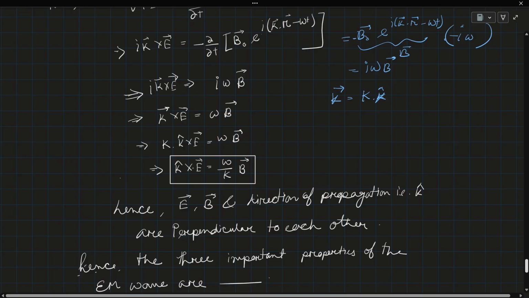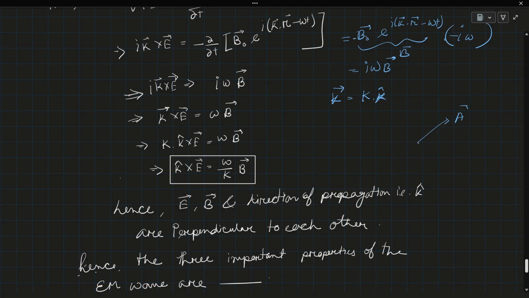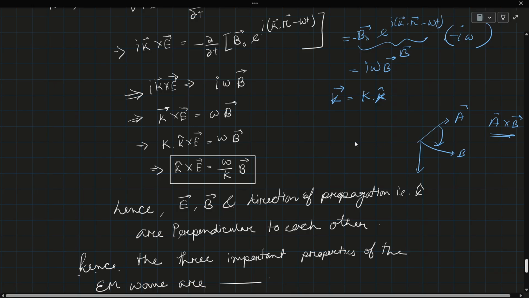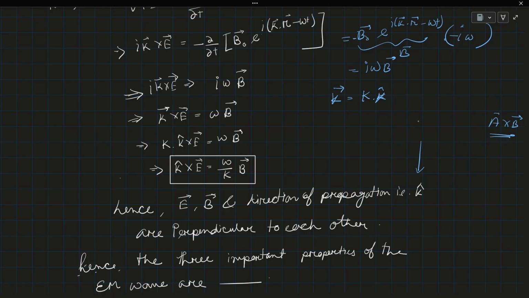We all know that if there are two vectors, let's say this is vector a and this is vector b, and we take the cross product a cross b, then using the right hand thumb rule we get the direction of a cross b. So a cross b will be in the direction perpendicular to the plane which contains a and b.